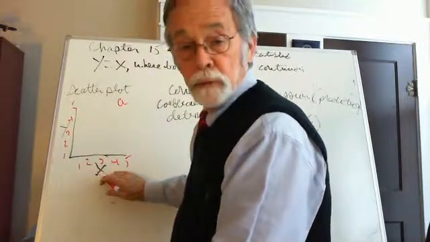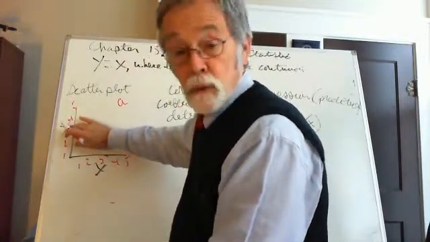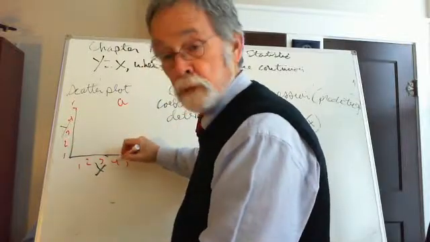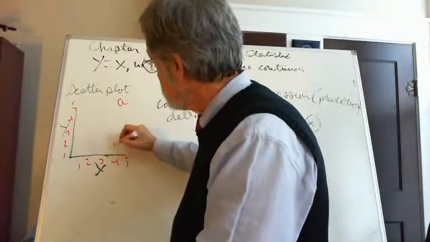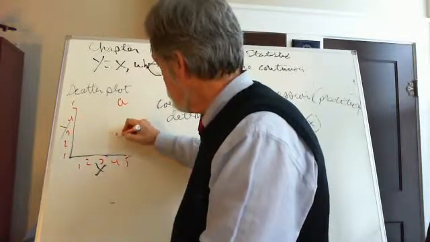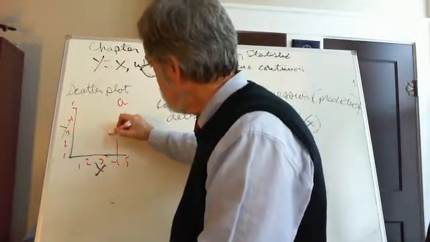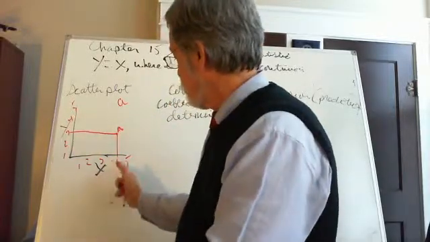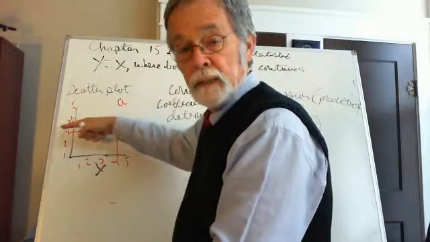X here might be children, and Y here might be hours worked. Person A has 4 children and works 3 hours. So they're about right here, and we draw that line and that's person A, at the intersection of how many children they have and how many hours they work.